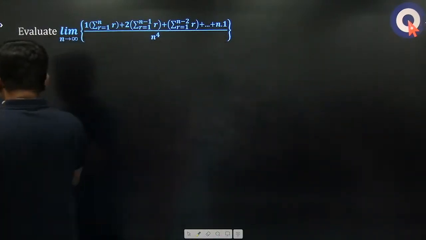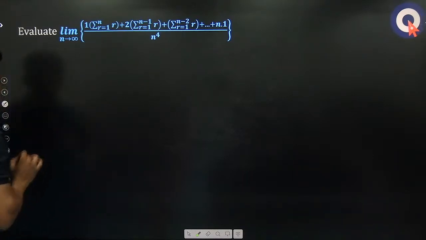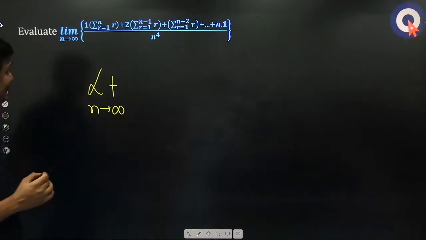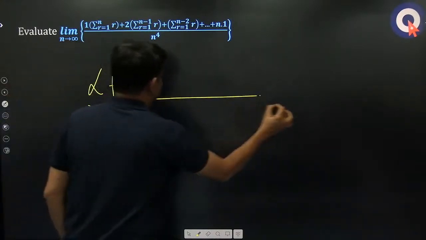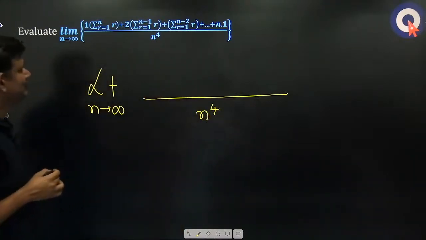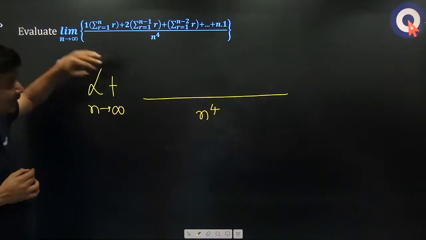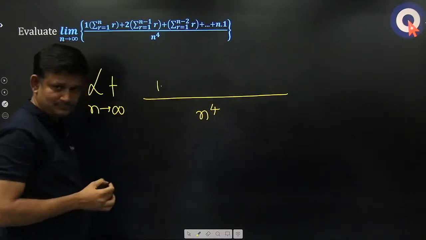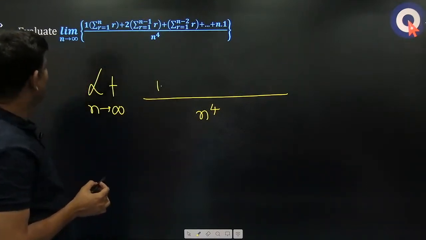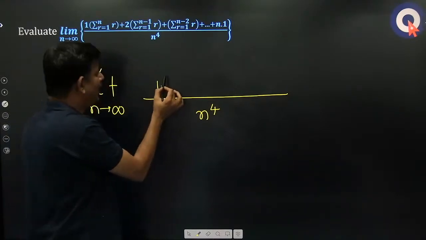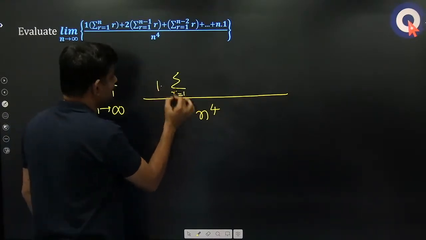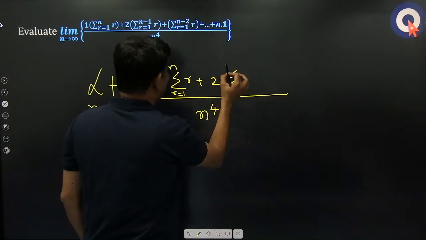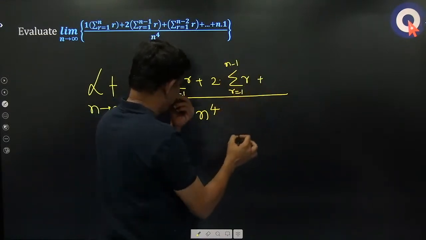Similar to the one which we did, but here the summation is not given that directly. What is the numerator? One sigma is already there and one more sigma is there. So first, this term is how much? 1 into sigma r from r equals 1 to n, r, plus 2 into sigma r from r equals 1 to n minus 1, r, and so on up to.